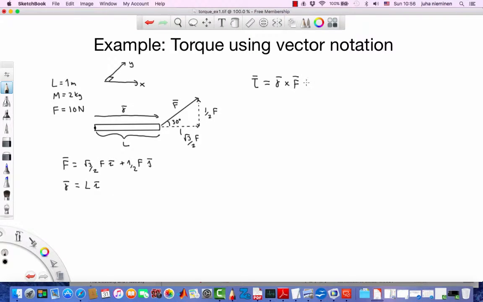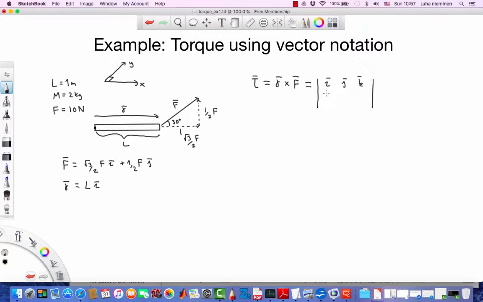Now we're ready to evaluate this cross product, and we do it using the matrix form or determinant form. First of all, we list all the axes that we are playing with, so i, j, and k, x, y, z, and you'll notice why we have a z axis in just a minute.